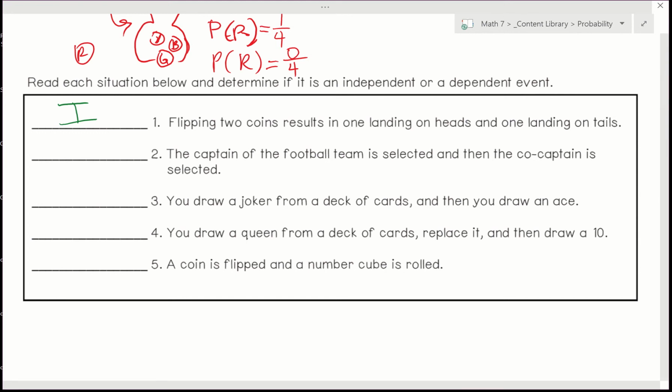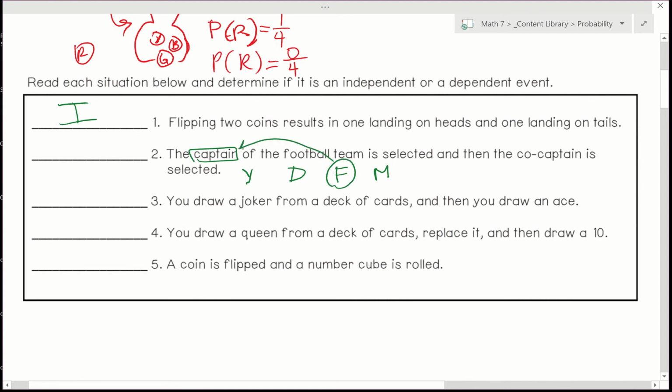The captain of the football team is selected, and the co-captain is selected. So, okay, if we have maybe Jazz Marie on the football team, we have Dylan, we have Felicia, and we have, I don't know, Michael. Then, if the captain is chosen, let's say we choose Felicia as the captain.